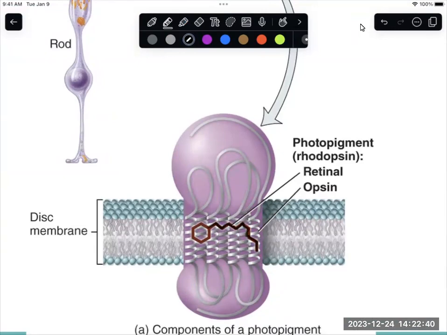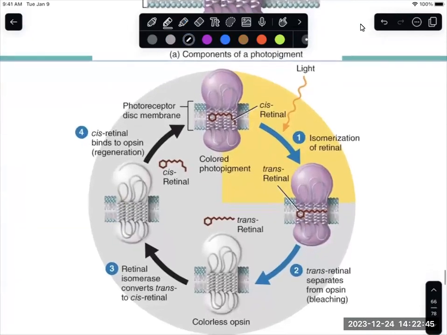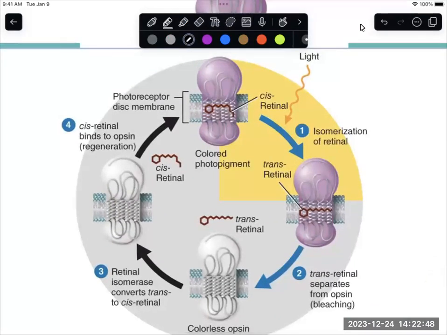In darkness, it has this bent shape. When light hits this retinol, it changes its shape. That's that isomerization of retinol, changing it from this cis shape, which is bent, to this trans shape, which is straight.